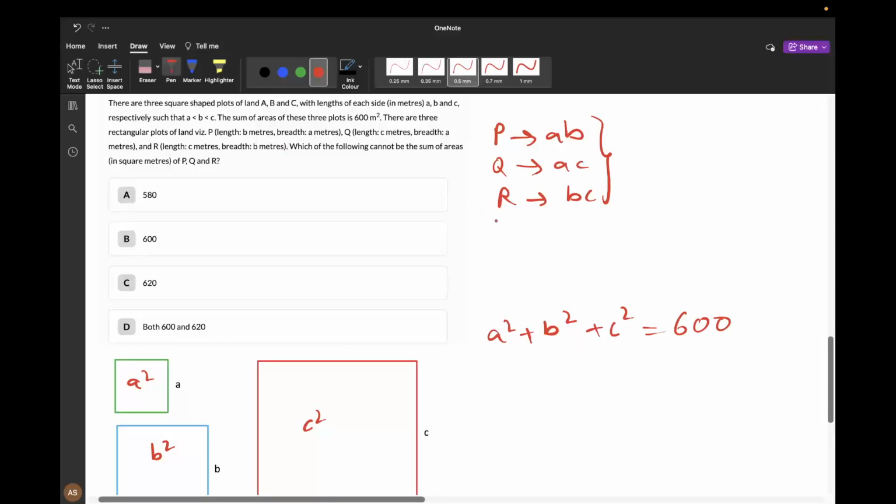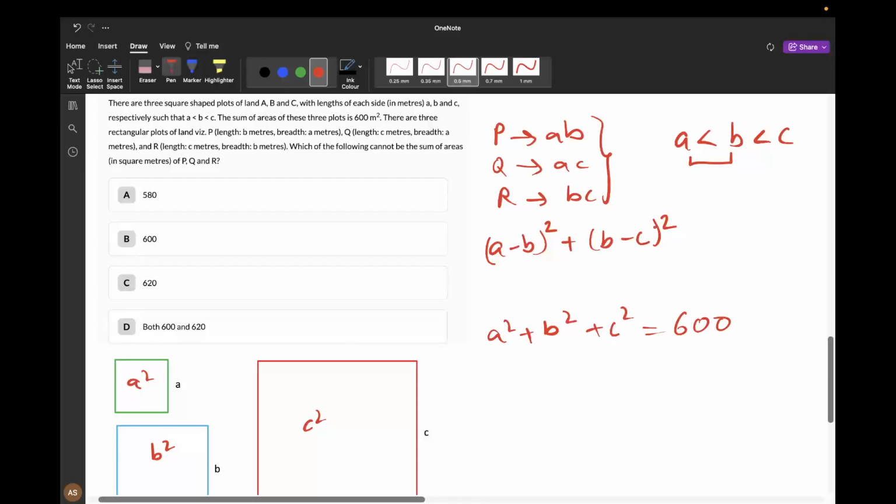So we know that A is less than B, B is less than C. So if we subtract A minus B, this is going to be less than 0. But if we square it, any negative number will become positive, that is greater than 0. And B minus C again, it will be negative.